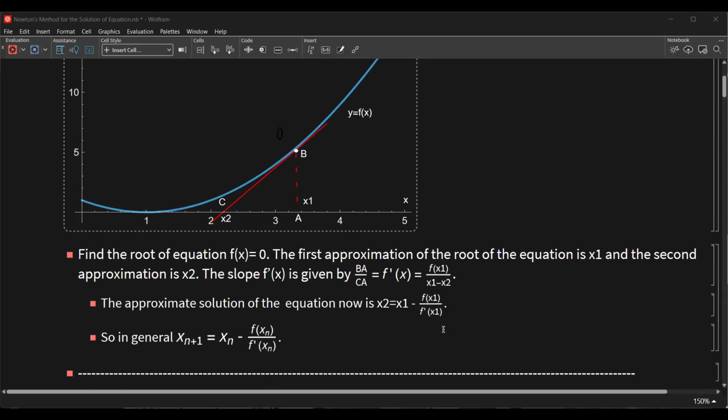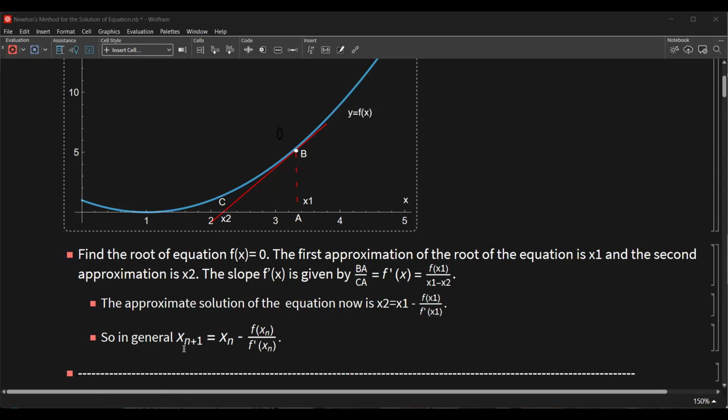The approximate solution of the equation now is x sub 2 equal to x sub 1 minus f of x1 over the slope of f of x at x sub 1.